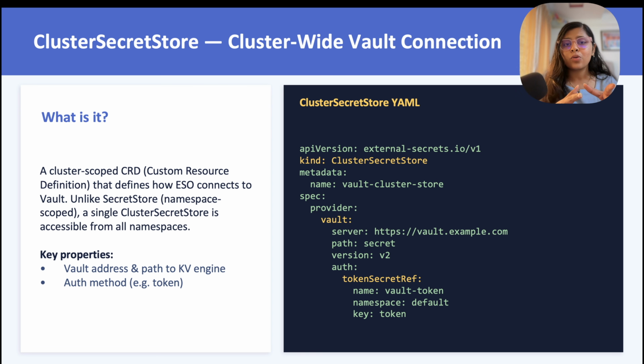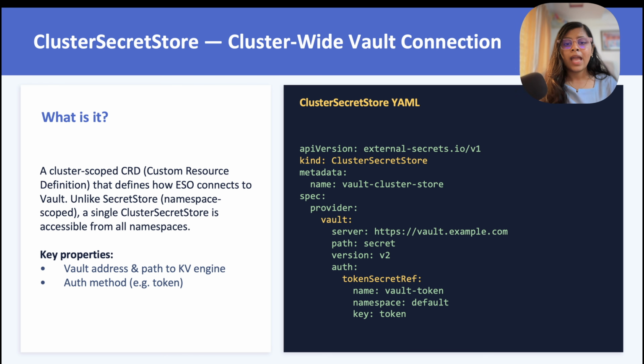SecretStore is scoped, limited to the namespace, whereas the ClusterSecretStore is applicable for the entire cluster. Okay, so that's the major difference between them. In the next slide, we are going to understand the difference in a better way. Basically just keep in your mind that ClusterSecretStore is a way to connect your ESO to the Vault.